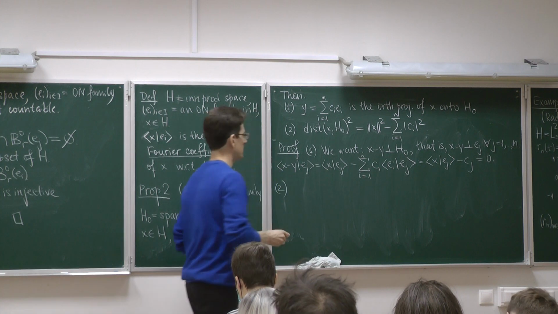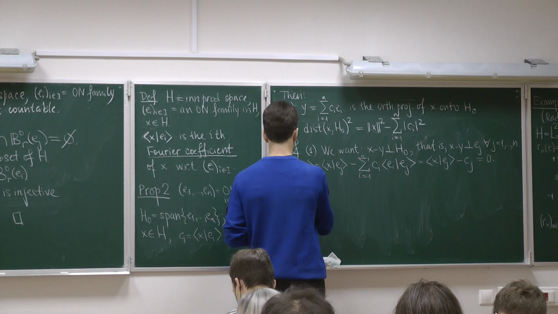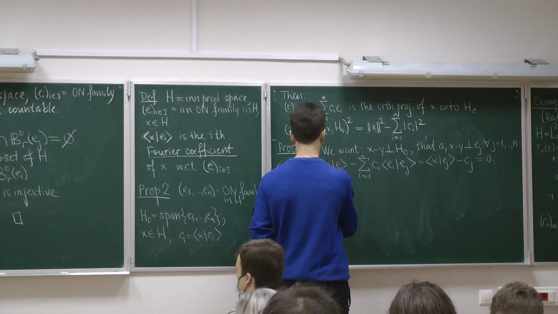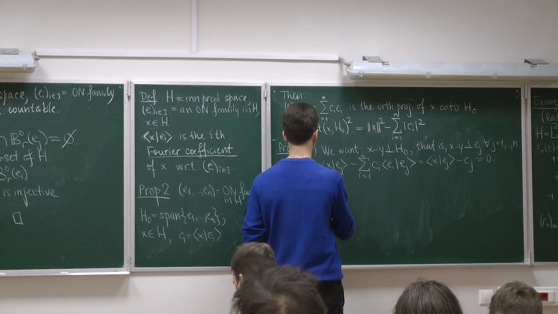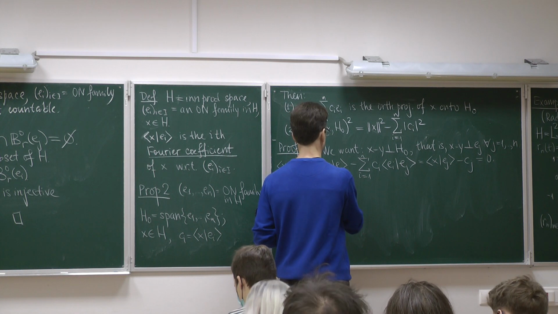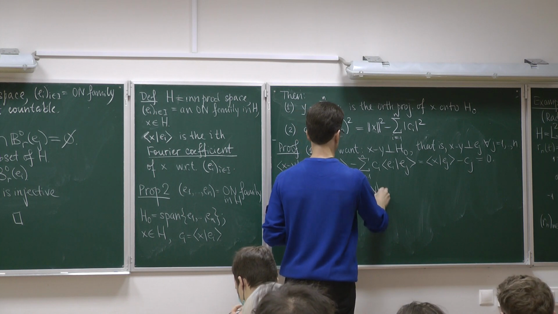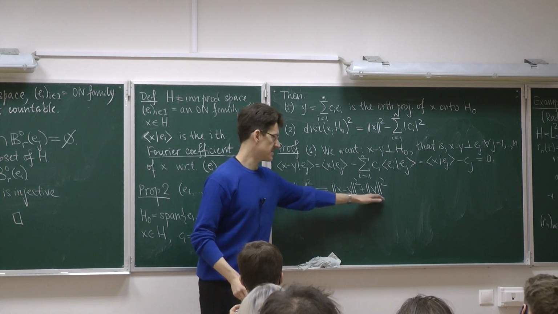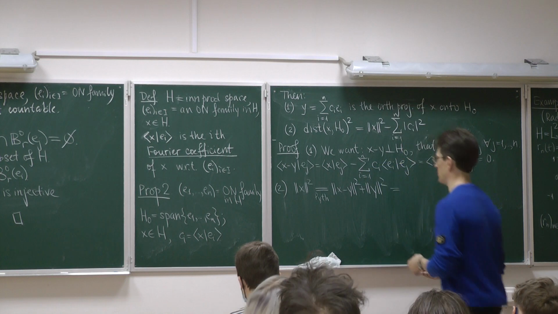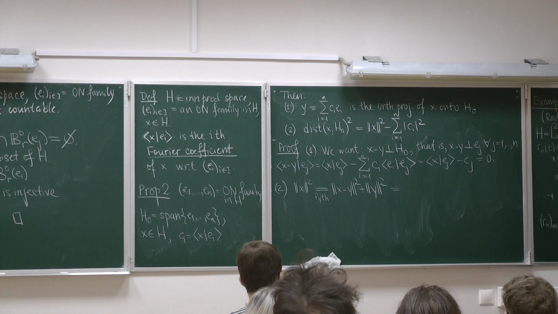And the second part is a simple application of the Pythagorean theorem. If we calculate the length of x squared, then the Pythagorean theorem implies that this is the norm of x minus y squared plus the norm of y squared, because these two vectors are orthogonal to each other. Now let's recall that the orthogonal projection is the nearest point to x in H_0.